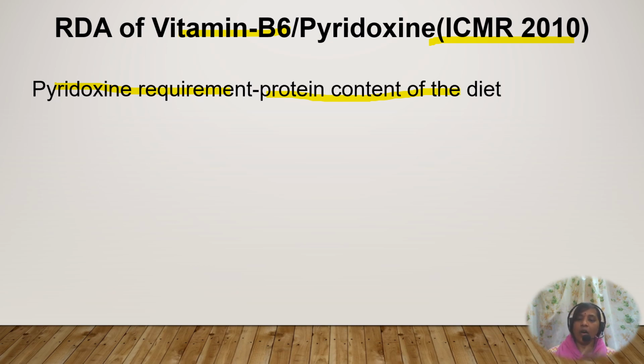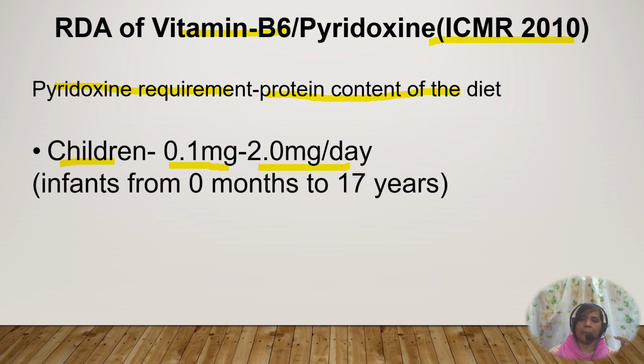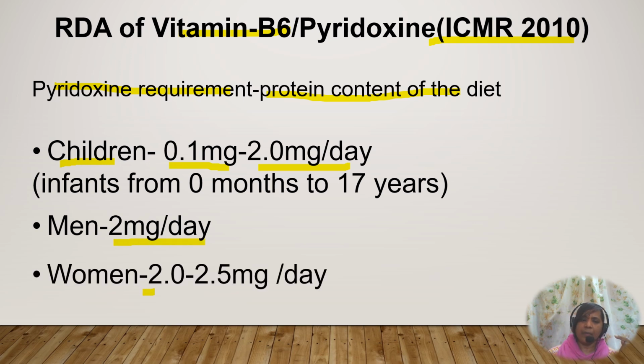So, depending on how much protein we are consuming, the pyridoxine requirement also varies. In children, remember always, when I say children, it starts from infants till adolescents, it varies from 0.1 mg to 2 mg per day, in men it is 2 mg per day, whereas in women the requirement is 2 to 2.5 milligrams per day. This is about the requirement of vitamin B6, or in other words pyridoxine.